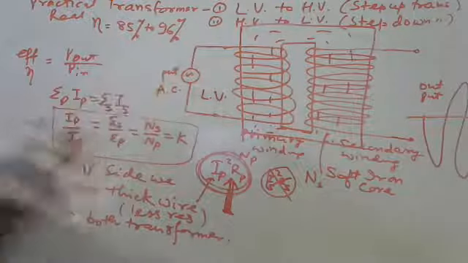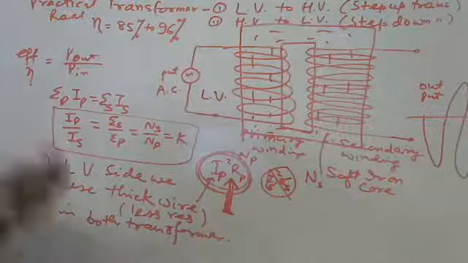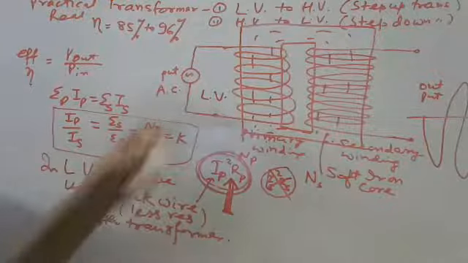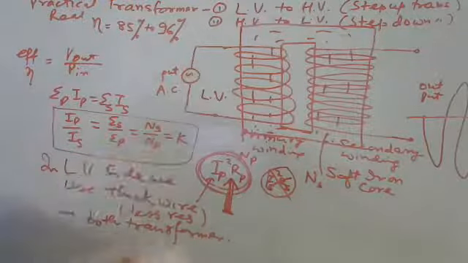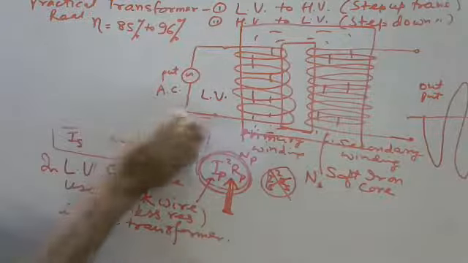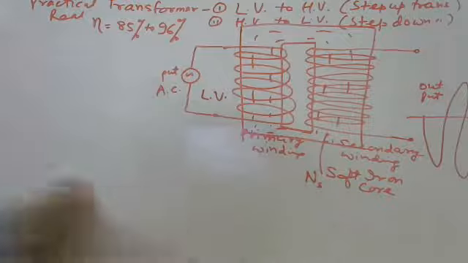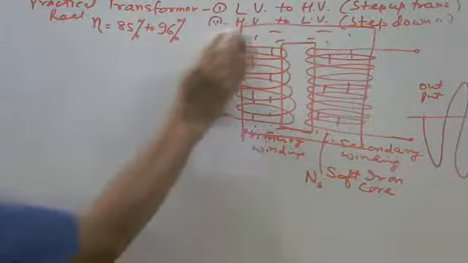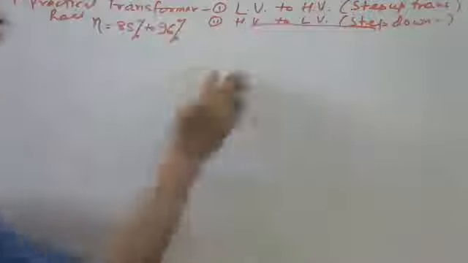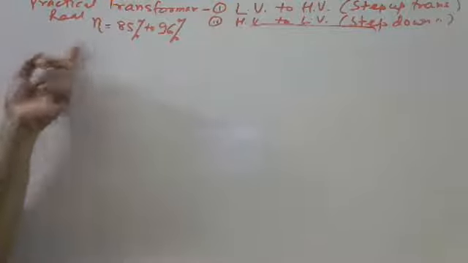It depends on how we have constructed the transformer, what care we have taken, and what the cost is also. If we take all the care, the transformer will be costly, but it saves a lot of power also. So efficiency cannot be 100%.